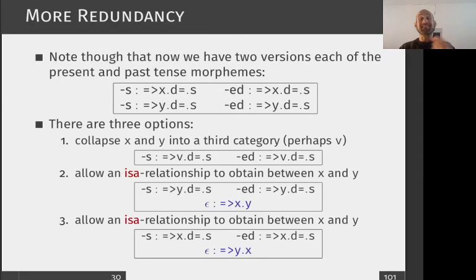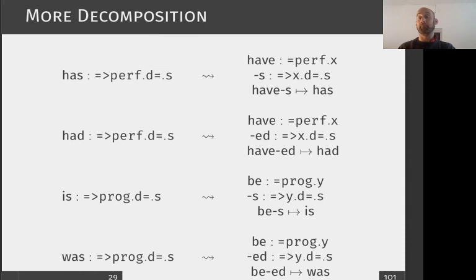So we need to somehow keep both. We need to somehow have one version that is able to do what both of these previous versions did. So here's what we could do. We could say that X and Y, those feature names, are actually the same thing, right? So we erroneously kept them distinct here.